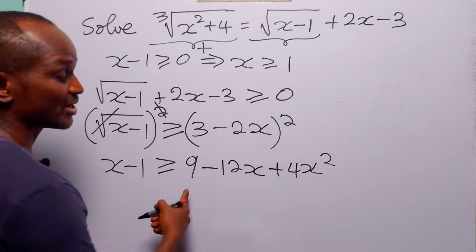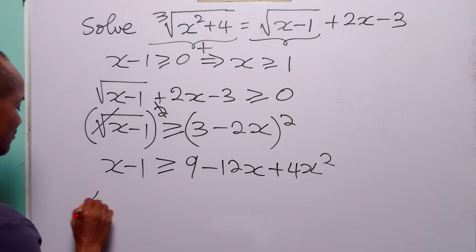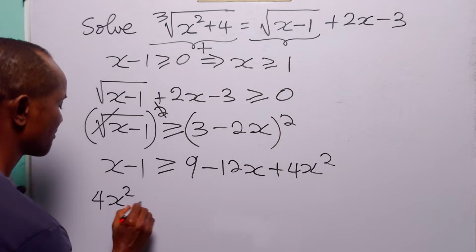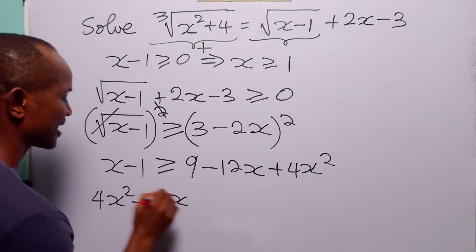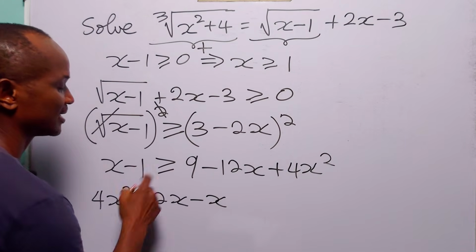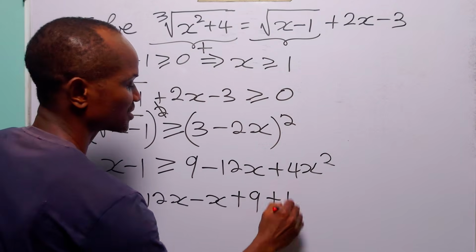Now let us rearrange this inequality. We have 4x squared minus 12x. Moving this over, we have minus x. Then we have plus 9. Moving this over, we have plus 1.